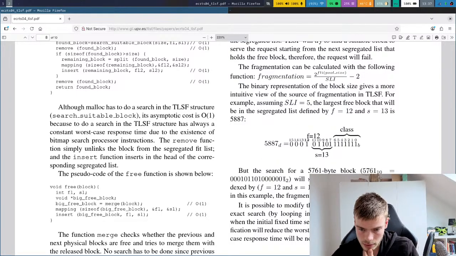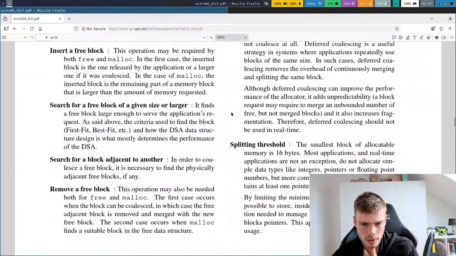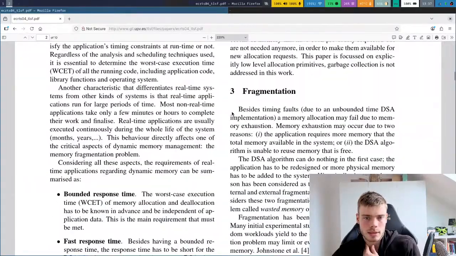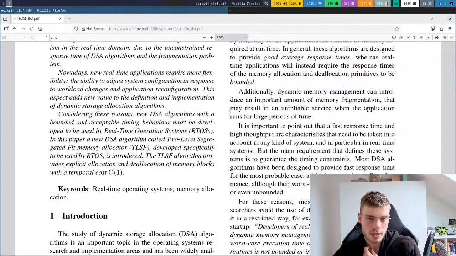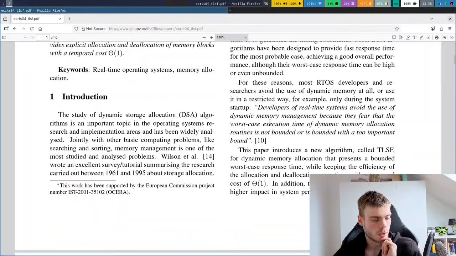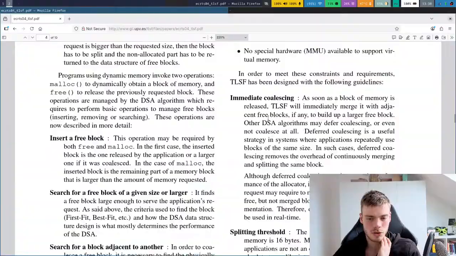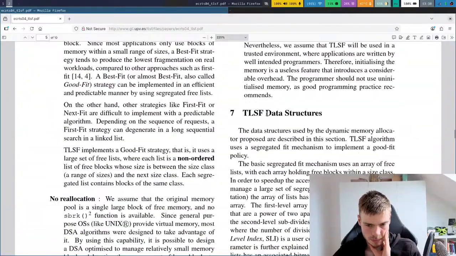Okay, let's see. I'm trying to read something on this dynamic memory allocation algorithm because I want to implement an allocator for a tensor library that I'm trying to run.